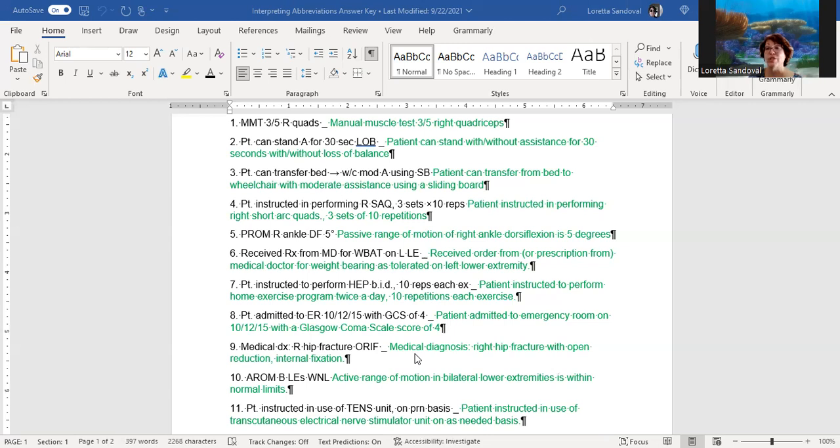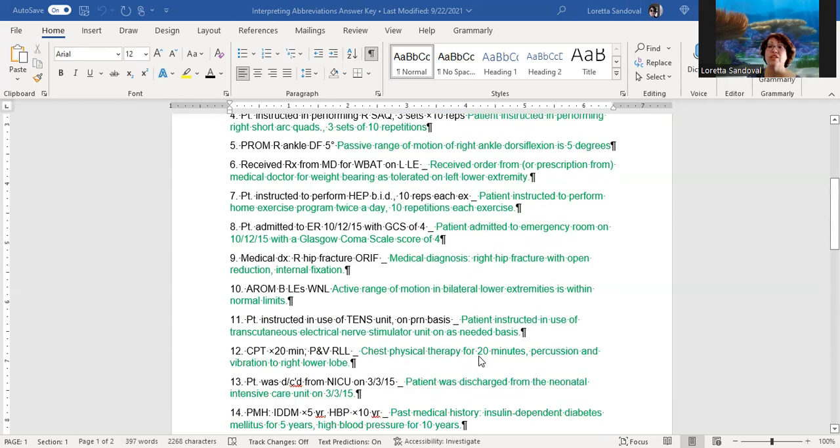If you say active range of motion, it'll get that and it won't mess it up. So something to think about. Usually the use of abbreviations is for handwritten notes because you're trying to compress the time. So with the advent of electronic medical records and dictated notes, you don't need to use abbreviations as much.